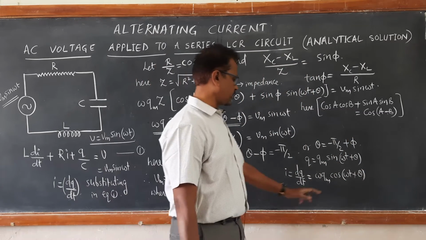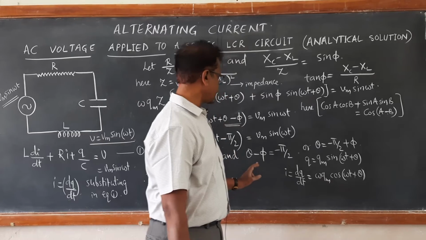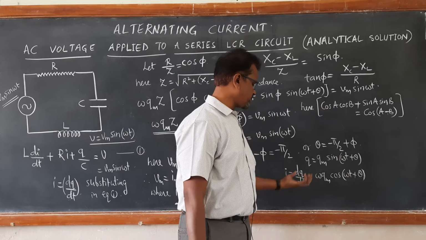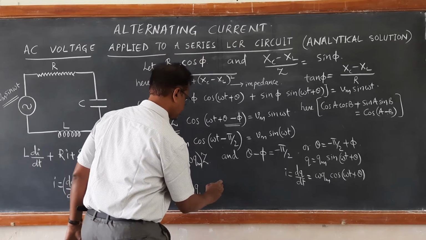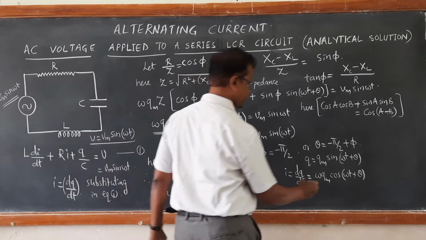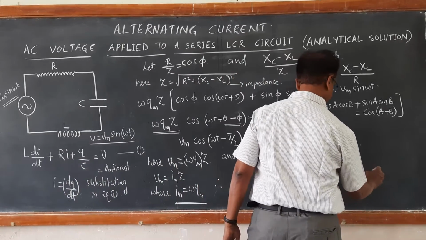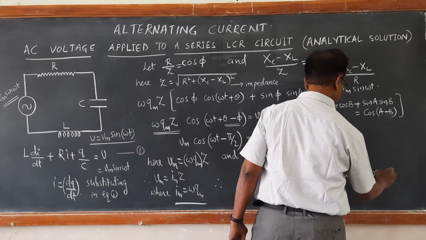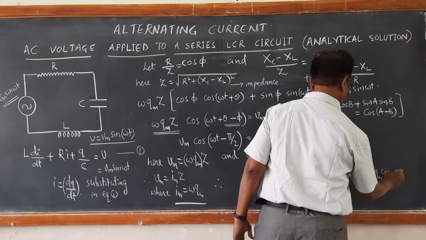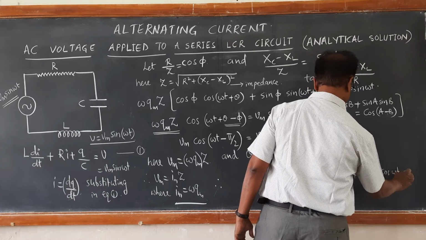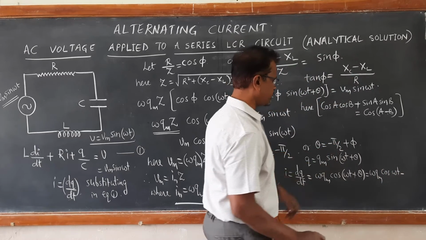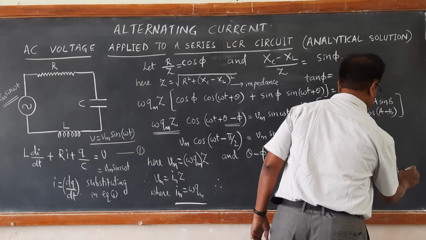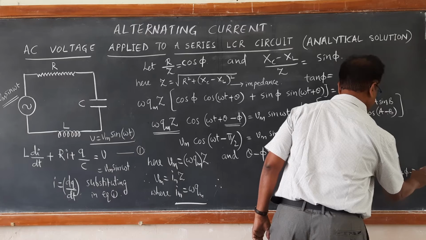Now if you substitute the value of theta here, theta is equal to minus pi by 2 plus phi, we get the equation for current. Therefore, this can be written as omega qm cos(omega t plus theta), where theta is minus pi by 2 plus phi, or phi minus pi by 2.